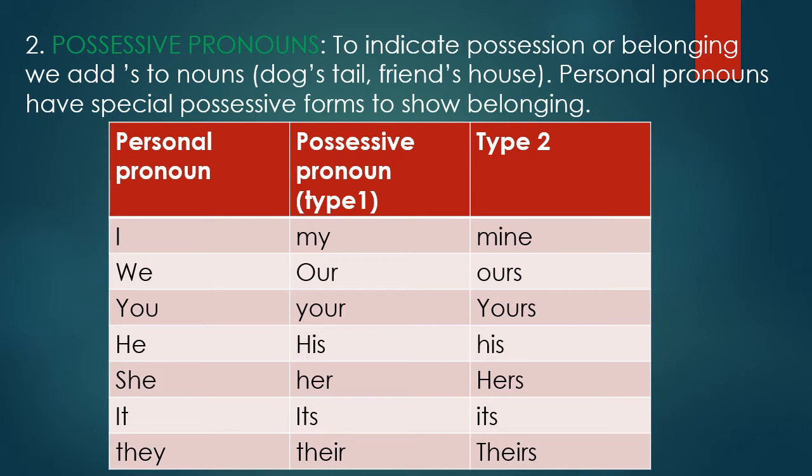If we have to use possessive pronoun type 1, we use our, and in type 2, ours. Okay, you with your and yours. He, then we'll write his or his. She, then we use her and hers. It, then we write its and its. They, possessive pronoun type 1 their, and type 2 theirs.